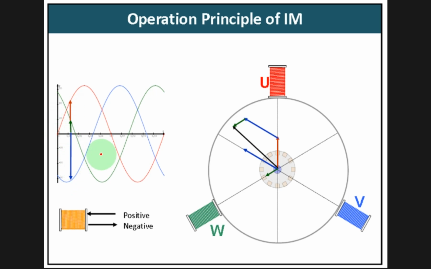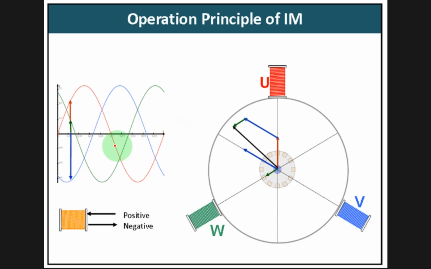So now if we look at the magnetic fields generated, green and red are towards the coil. Here the magnetic field strength is smaller as the current is smaller, and here it is a bit larger because the voltage is higher.